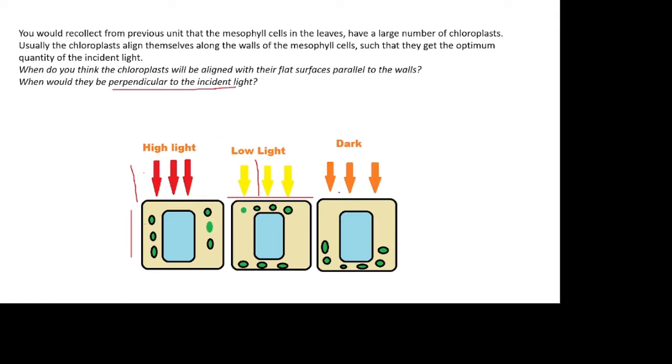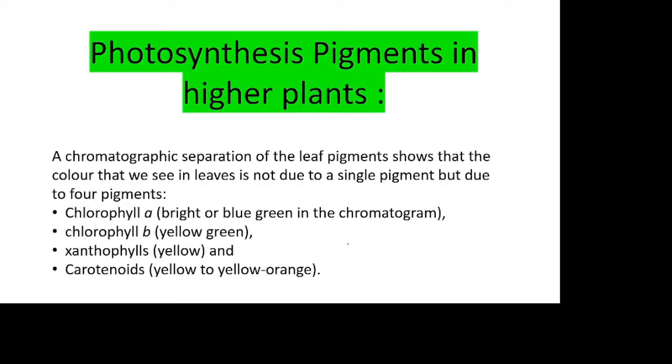At the time of dark, they don't need the light now, and they are going for the dark process, that is the biosynthetic phase, so they come down to the lower part of the cell, back to the part that is not exposed to light. So now this was the site.